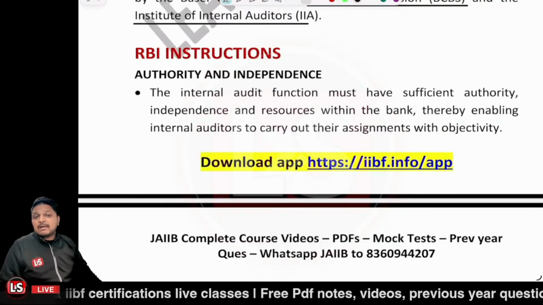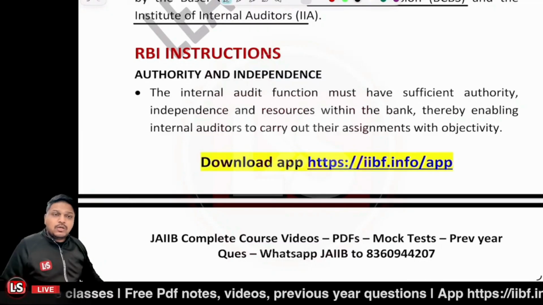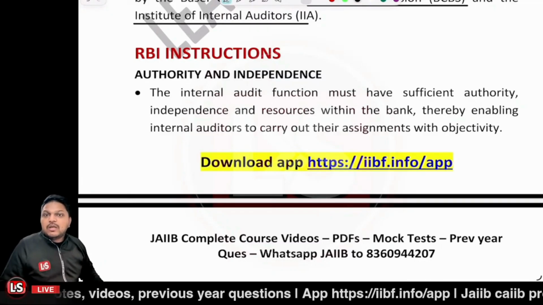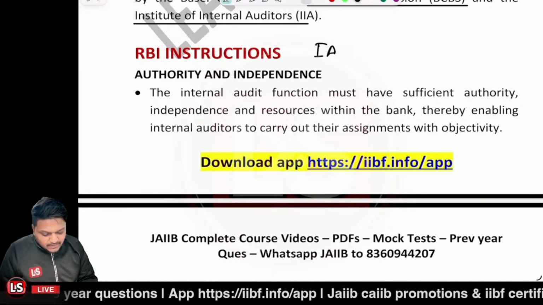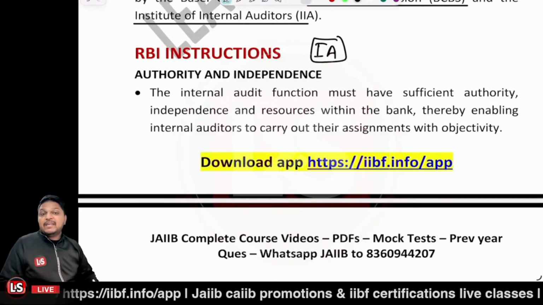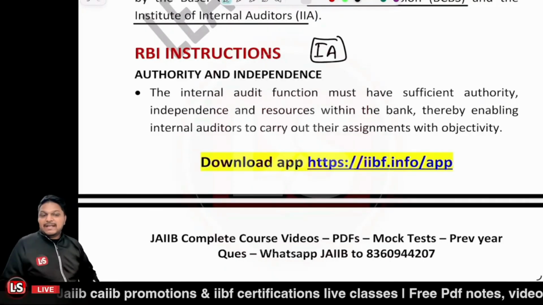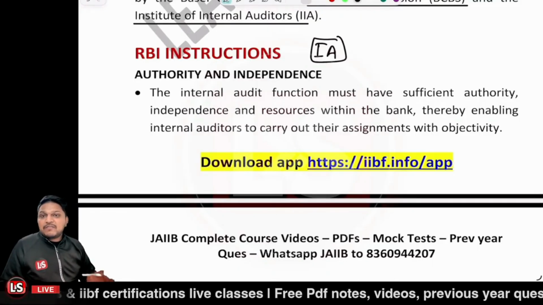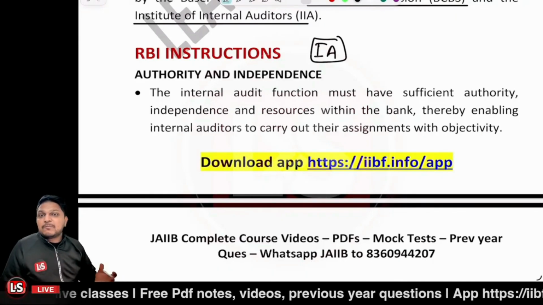So first of all, it's about authority and independence. Whenever one is going to check something, they should have the authority. The internal audit function, that is the internal audit department, IAD, must have sufficient authority to look into the things, check the files, and have access to the records necessary to carry out their responsibility.